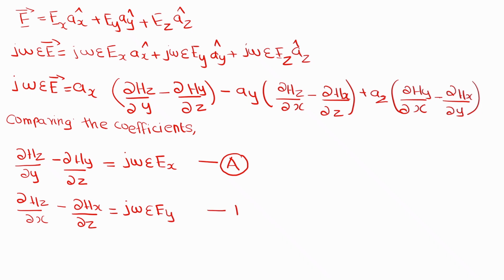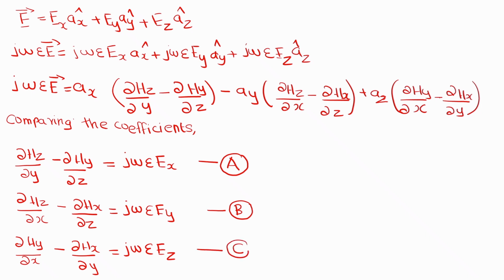Equation B. And the next component is dou hy by dou x minus dou hx by dou y equal to j omega epsilon Ez. Equation C. So these are the three equations.